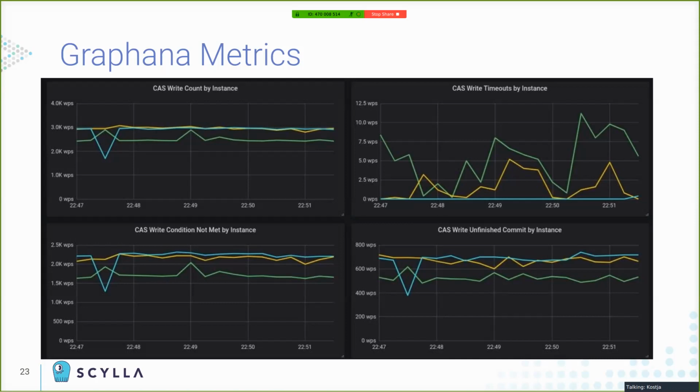If you have timeouts, something is wrong, probably the load is too high, so some of the writes cannot make it in time. Conditions not met looks like a pretty normal thing, but if you think about it, why would you do so many updates if most of them do not come through? So you need to keep an eye on that as well.